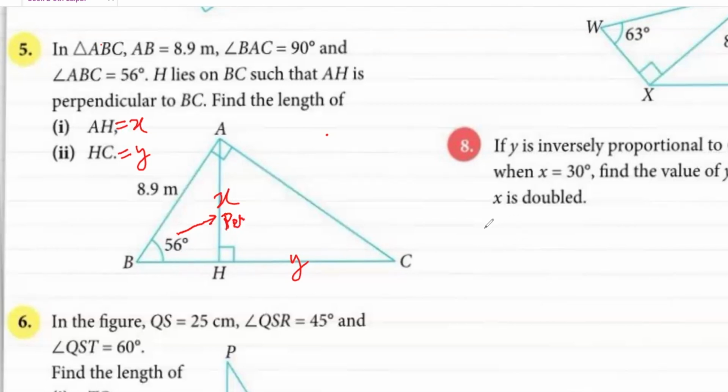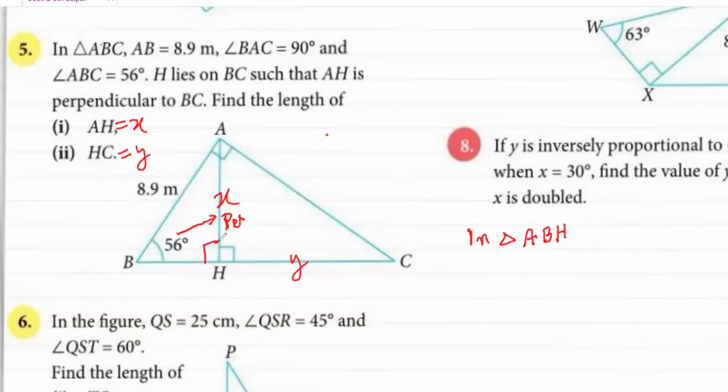So in the triangle, I am writing the reference of the triangle, that in triangle ABH. For the sake of convenience, I am writing the name of the triangle. So this right angle triangle ABH, the side against 56-degree angle is called perpendicular. Okay. So we have to find out perpendicular and the side given.